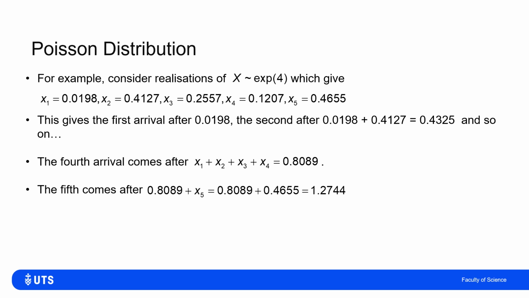So what I have here is I know that if I have 1 unit of time, a Poisson variable is a count of how many of these events happened in 1 unit of time. The fourth arrival, or the fourth event, happened after 0.8089. The fifth arrival or event happened after 1.2744. Therefore, 4, and only 4, happened in a unit of time.